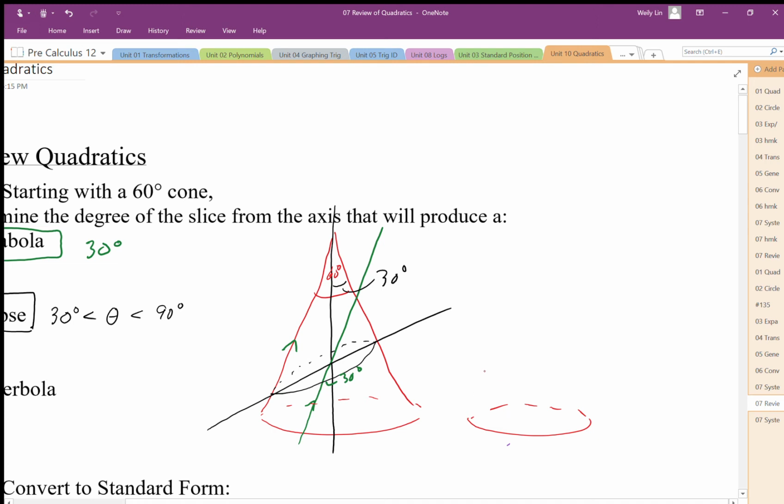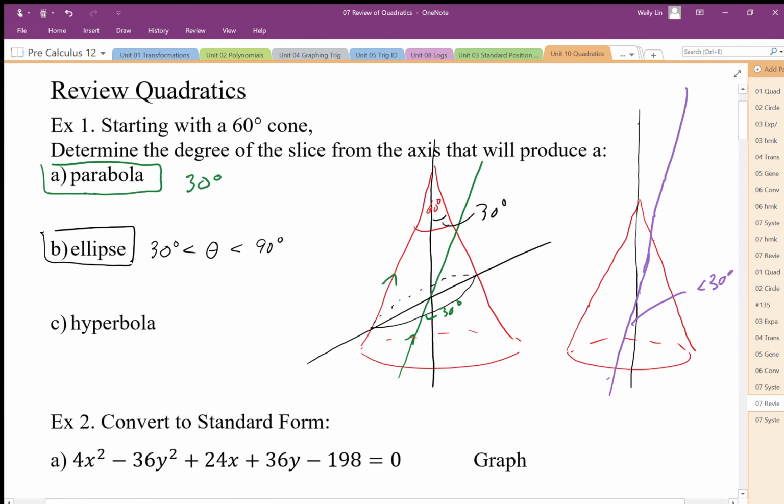So I'm going to exaggerate this cone of 60 degrees a little bit. And there's my generator, and that's my axis. As I slice more like that, it's going to slice through the top of that cone. So this angle has to be less than 30 degrees. From 30 degrees to 0, it's going to give us this hyperbolic shape.